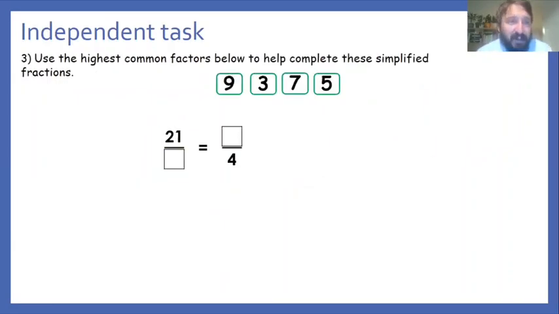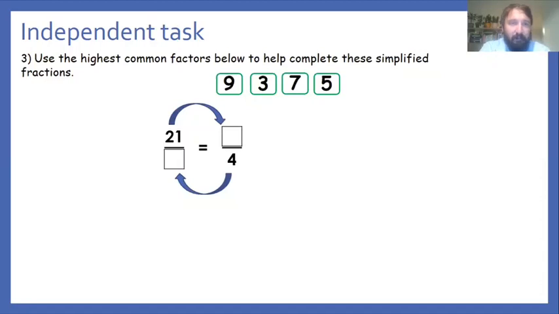Use the highest common factors below to help complete these simplified fractions. What I'm going to look to do is use the same highest common factor in both the numerator and denominator to make sure both are of equal value, because we know that whatever's happening to the numerator must happen to the denominator.